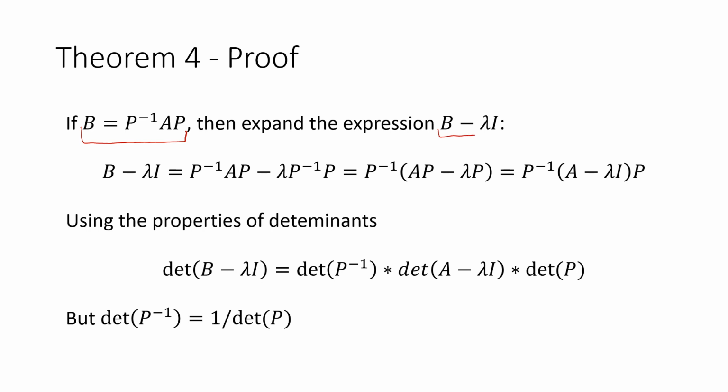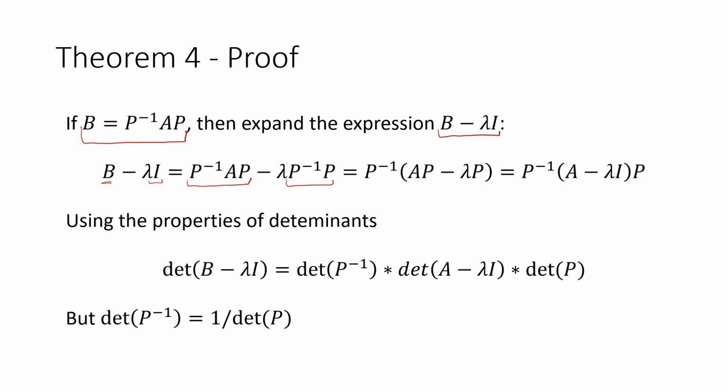You take the determinant of B minus lambda times I. But what's B minus lambda I equal to? Well, B is equal to P inverse AP, so just replace that. The identity, we can rewrite that as P inverse times P, because we know P is an invertible matrix. Any matrix times its inverse is the identity. So we've just rewritten and did a couple of substitutions here at first.